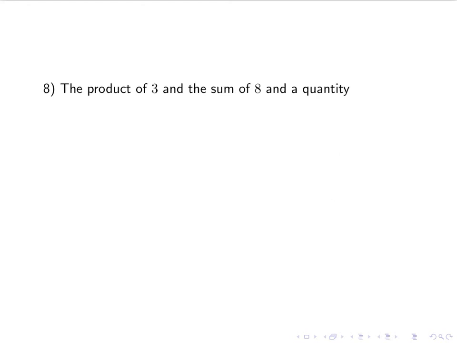So then we'll have some more where we've got more than one operation. The product of 3 and the sum of 8 and a quantity. So sometimes people have trouble deciding which operation is going first. So you just have to be really careful in the way that it's written. It's the product of 3 and something. So product means multiplication. So I'm going to take the product of 3 and something.